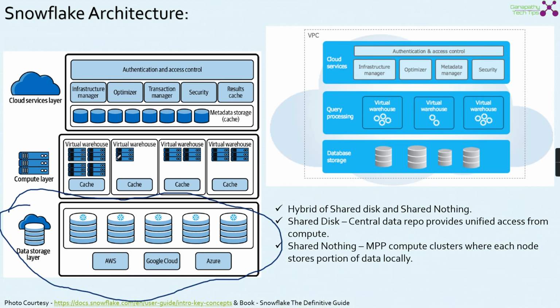The compute layer, which we call the virtual warehouse layer, can connect to the data storage layer and take the data from it. So it's a centralized layer which is running on top of any of the clouds. Snowflake, as I already mentioned, is a cloud-based data platform or data warehouse which runs on top of predominant cloud providers like AWS, Azure, or GCP.